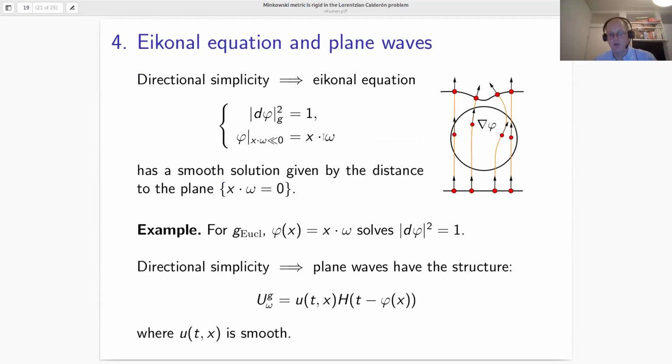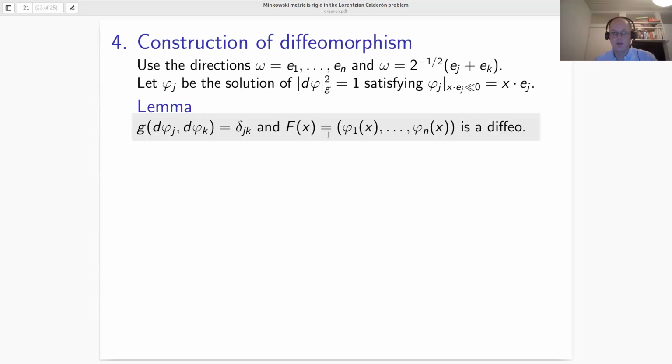So now I let this direction omega run through the coordinate directions here, and I call those corresponding eikonal solutions phi j. And then I also need to use at some point these directions that are sort of diagonals between the coordinate axes.